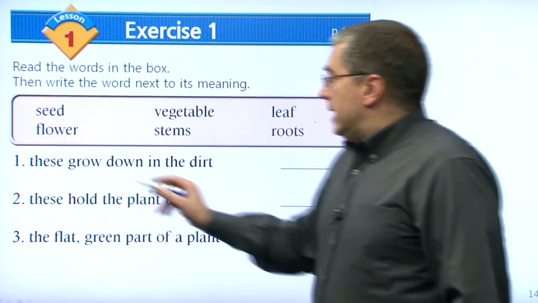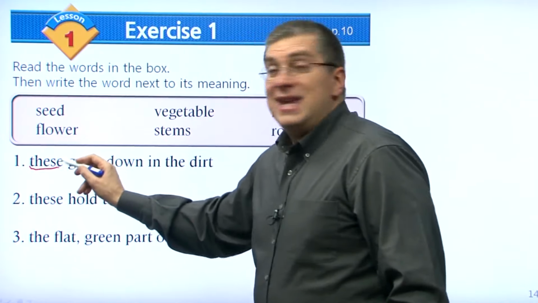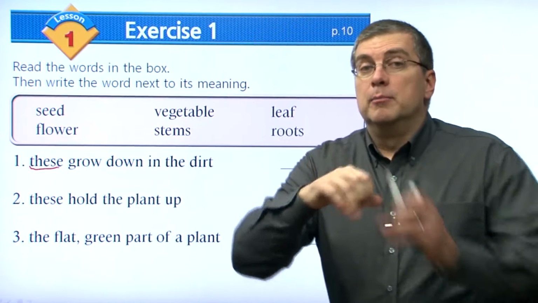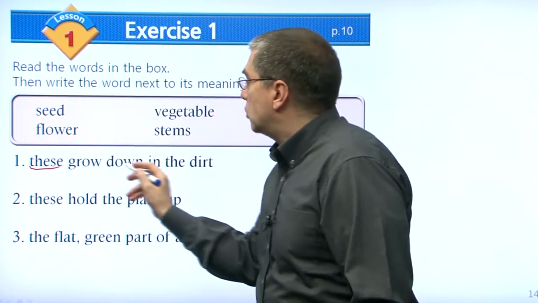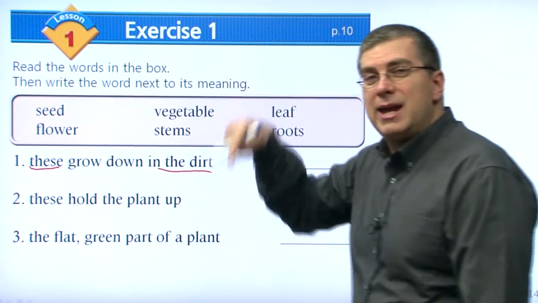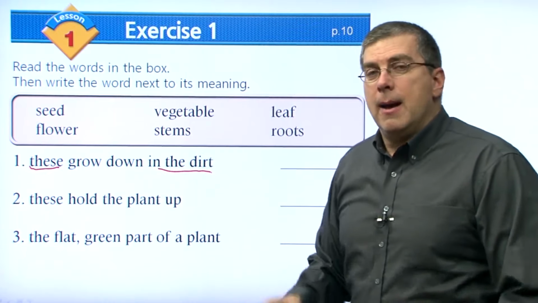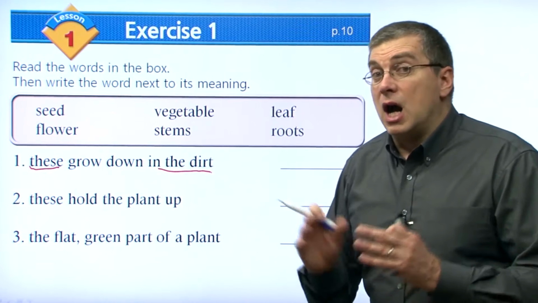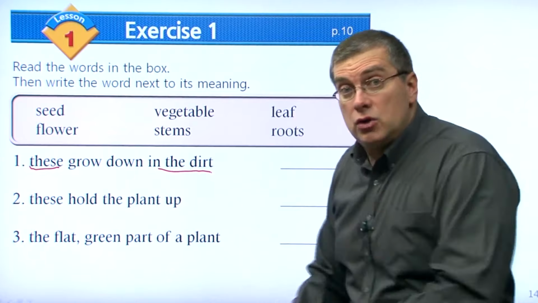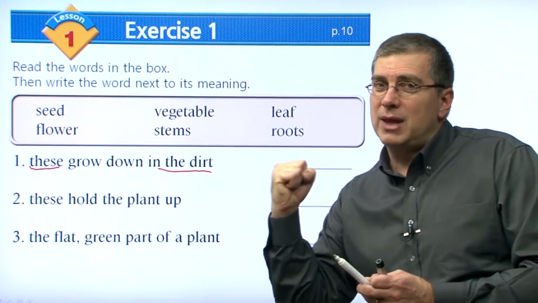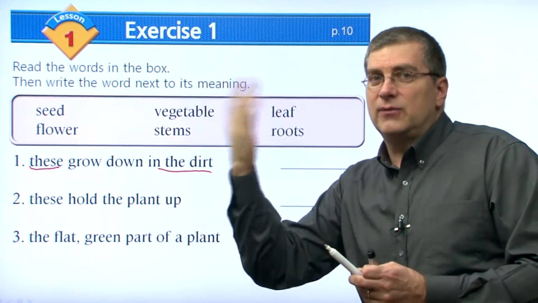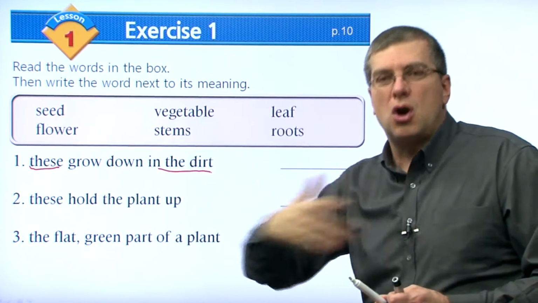What are the definitions? Number one, these, that means not one, but many. These grow down in the dirt. They grow underground. What part of the plant grows underground? Remember, it's got to be strong. It has to hold that plant so that it doesn't fall over, even in strong wind.